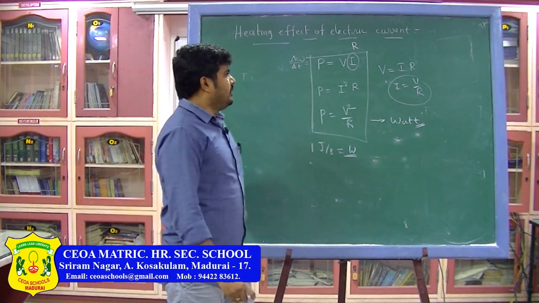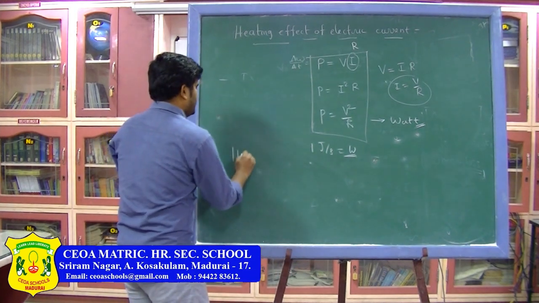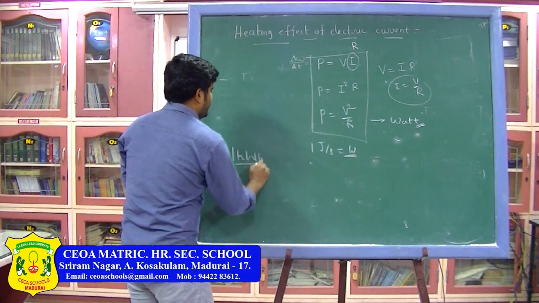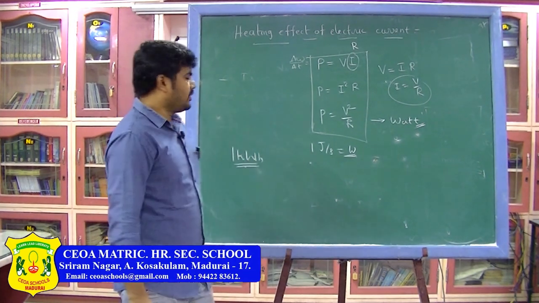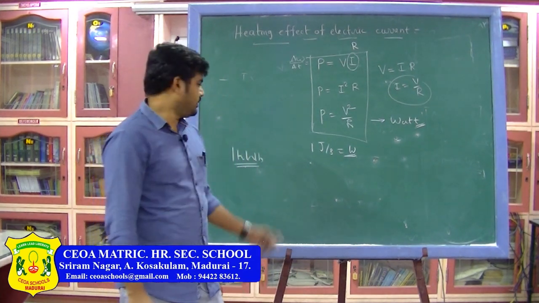Now, let us see what is meant by 1 kilowatt hour. Then I will explain how to calculate the electricity bill, or the number of units consumed by all the household appliances in a house.